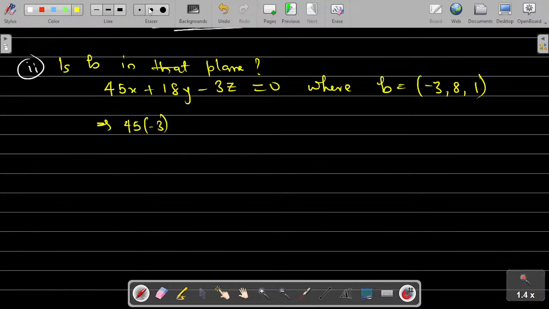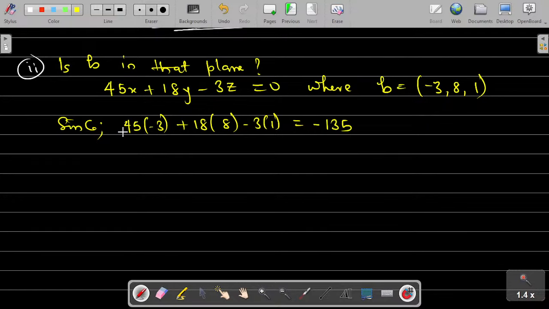If this is equal to 0, then we'll say B is in the plane, but if it is not equal to 0, then we conclude otherwise. So plus 18 into 8 minus 3 into 1. This first part is going to give us minus 135.